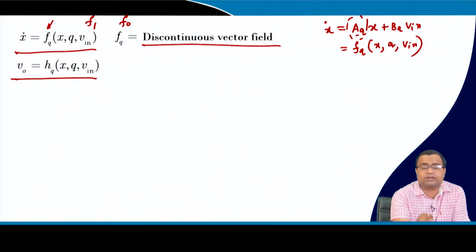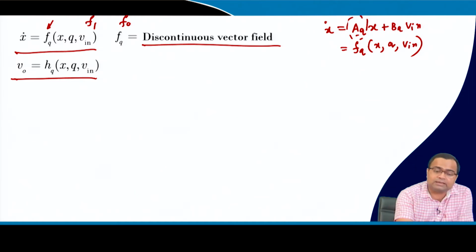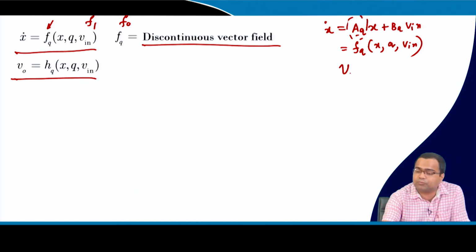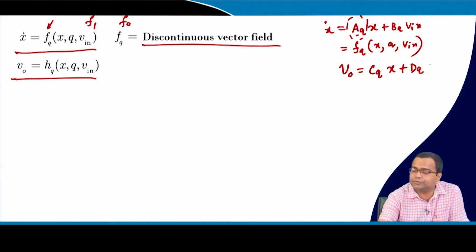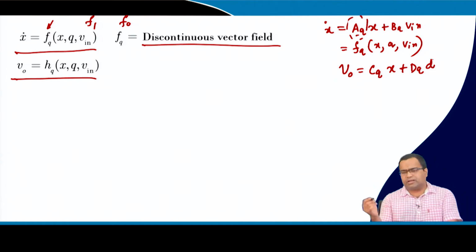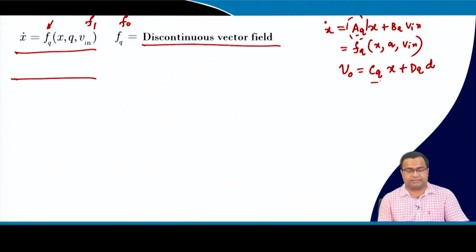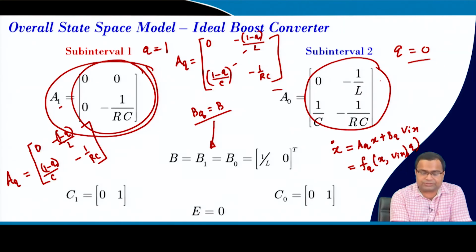Similarly, the output voltage will have a discontinuity because in the output voltage, what is the output voltage expression? We wrote that CQ into X plus DQ into V in. So, CQ is a discontinuous matrix and that also C1 and C0 are different. So, for ideal converter they are fine.